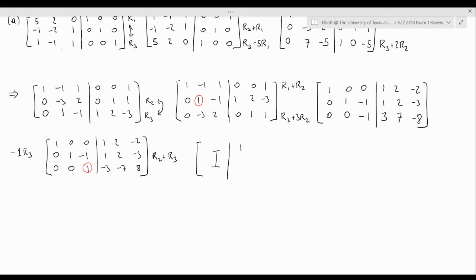So now this matrix that we have on the right-hand side is going to be the inverse of A. So if we add row 3 to row 2, that's -2, -5, -5. Okay.